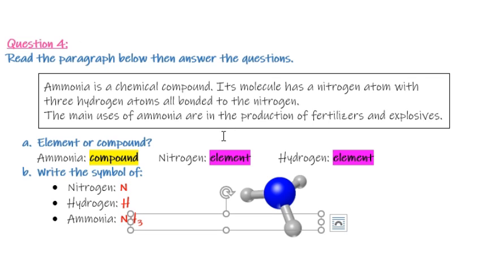Okay, so this is the symbol of ammonia, NH3, since it has one atom of nitrogen and three atoms of hydrogen.